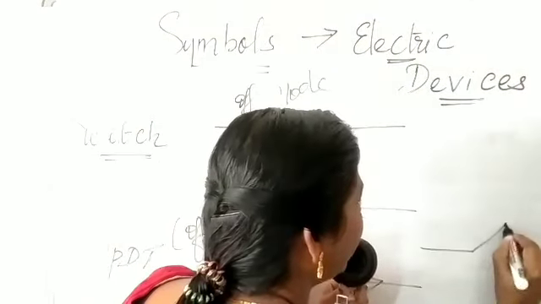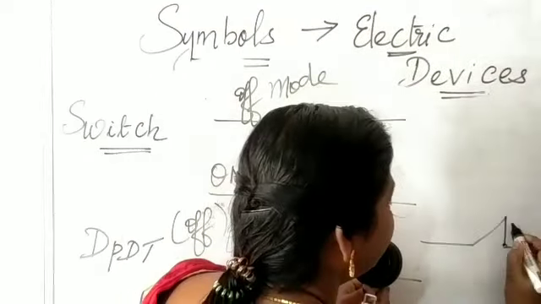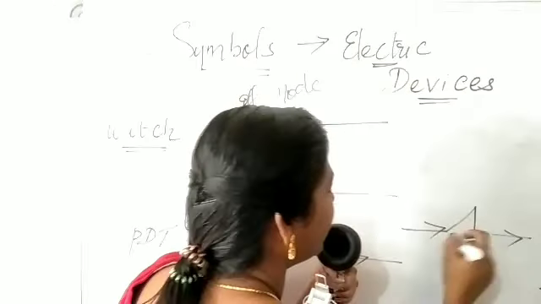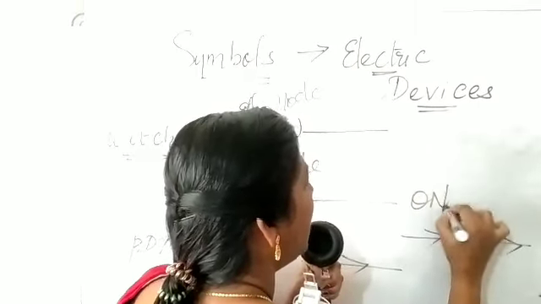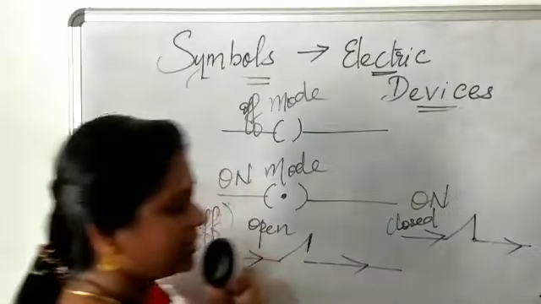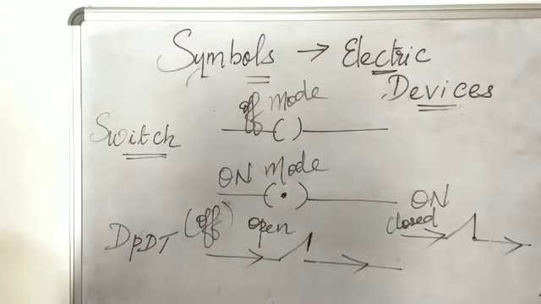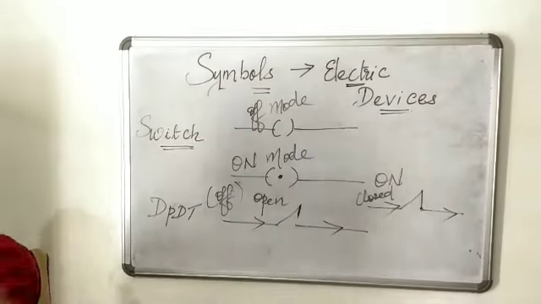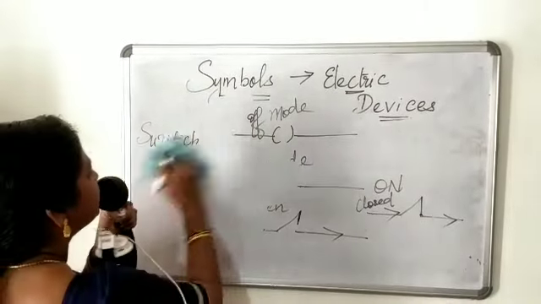If I draw like this, when it comes in touch with another point of a line, this is called what? On mode. This is called a closed circuit.